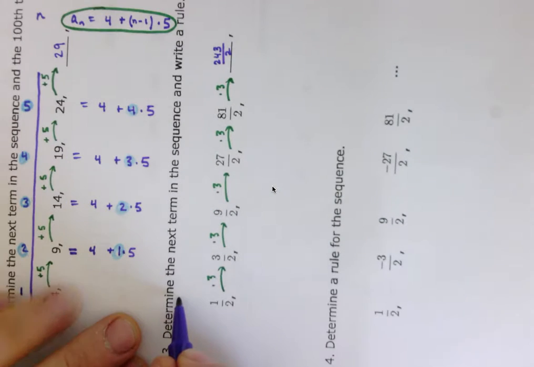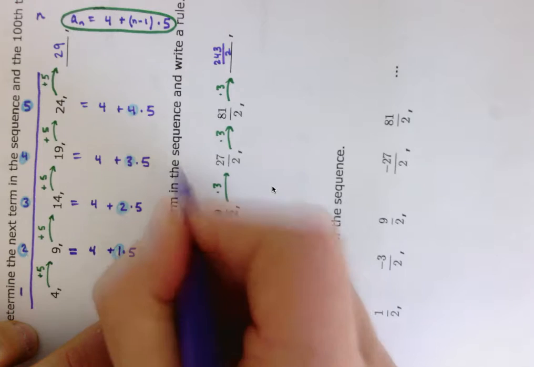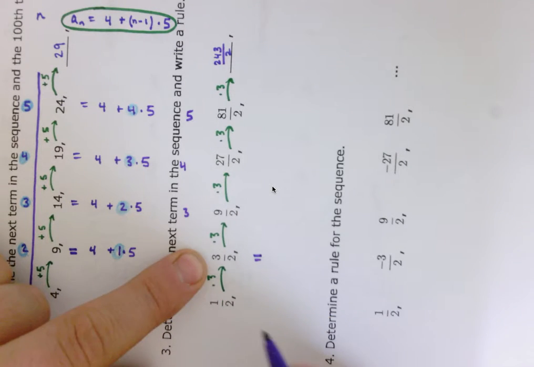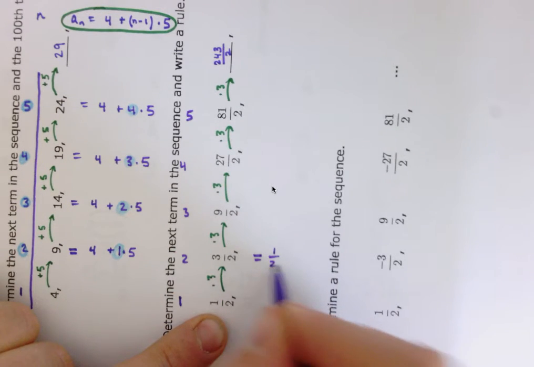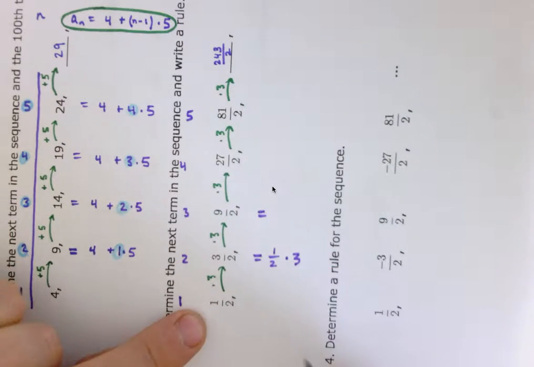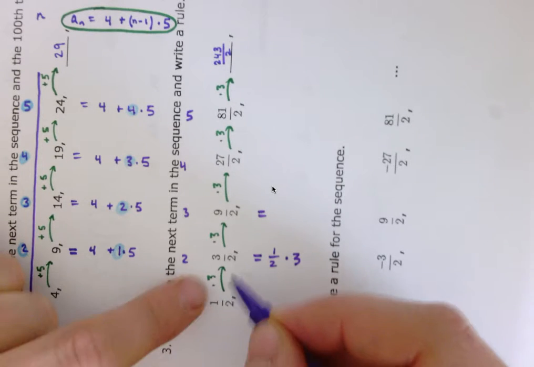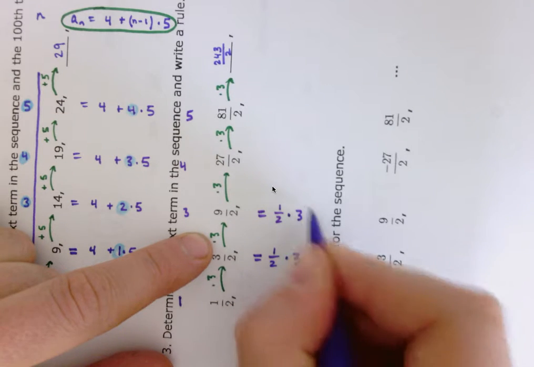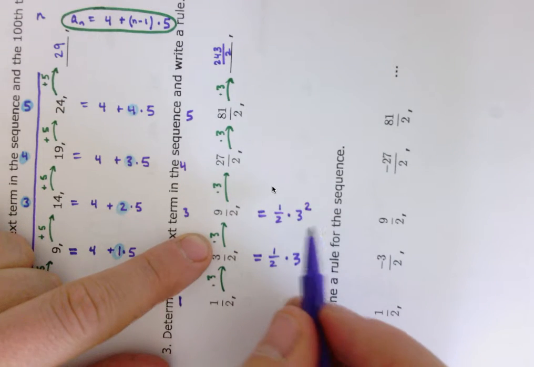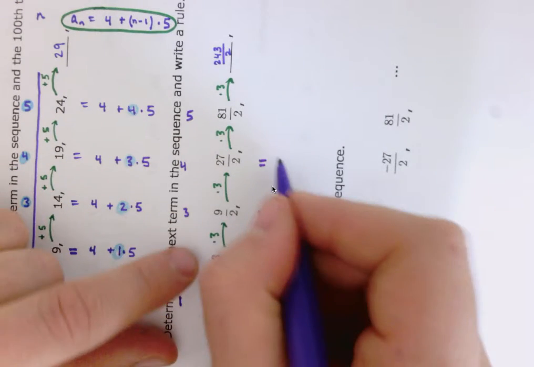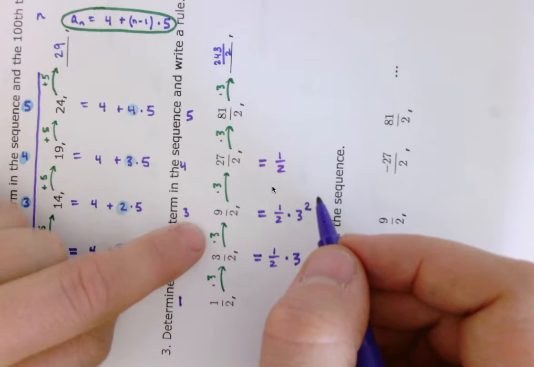And let's number these terms 1, 2, 3, 4, 5. And let's play the same game we did over here, except I'm going to write this one as a half multiplied by 3. And then the next one is a half multiplied by 3 and then multiplied by 3 again. So that's a half times 3 squared. And then the next one is going to be a half multiplied by 3 by 3 by 3.